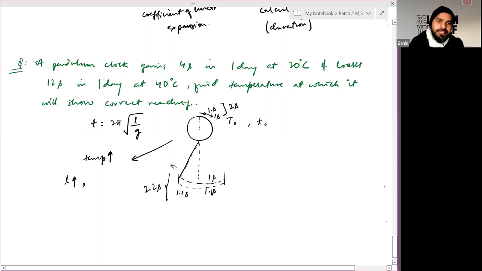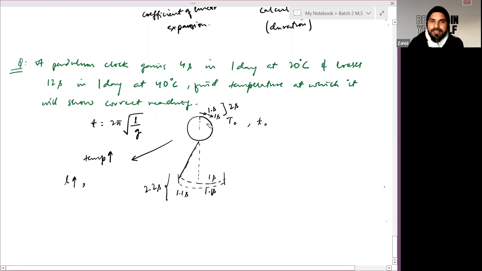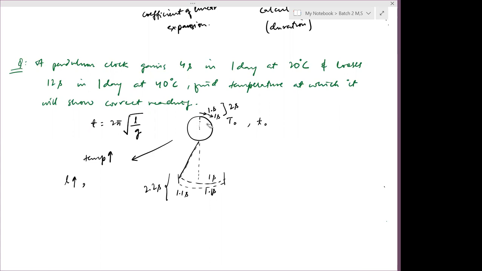So we can say reading of clock in this part will be decreasing, or you can say there will be some loss in time in reading of this particular clock. Is it clear? Yes, sir. Sakshi, is it clear? Samaira? Yes, sir.